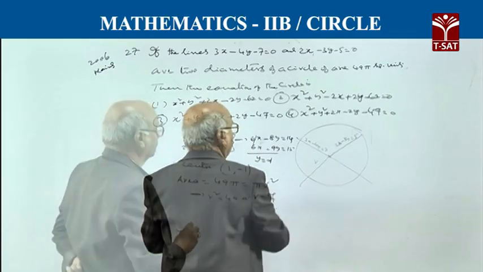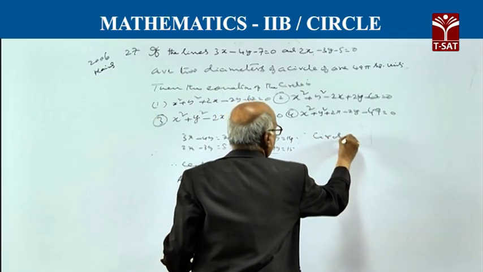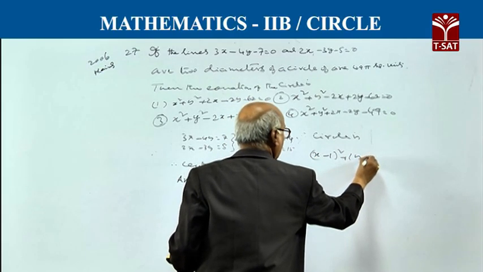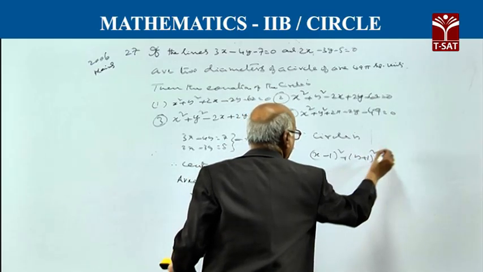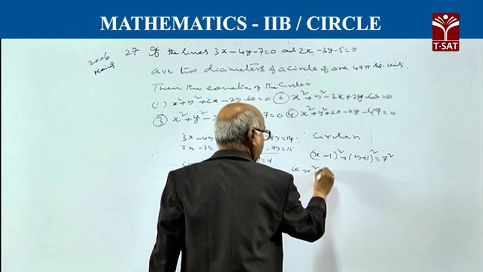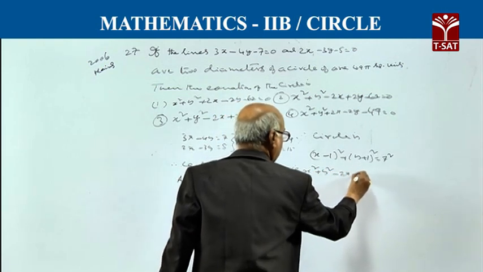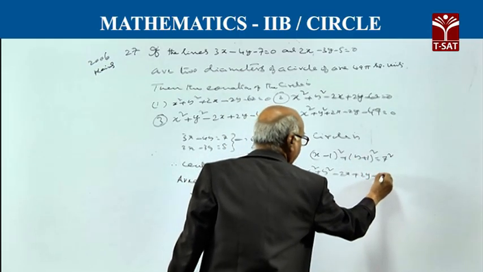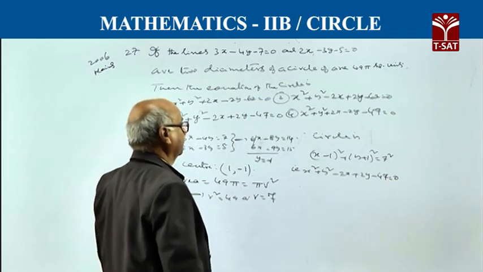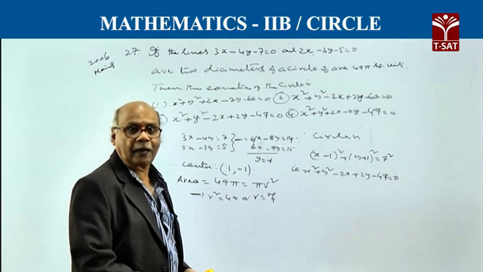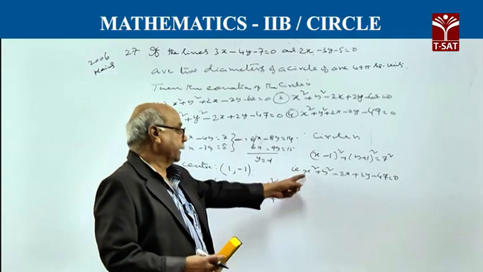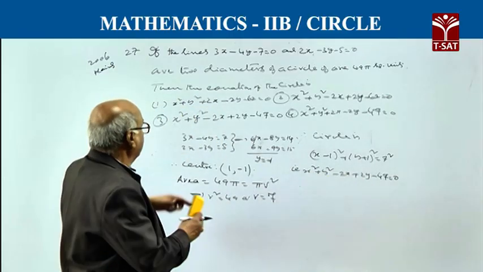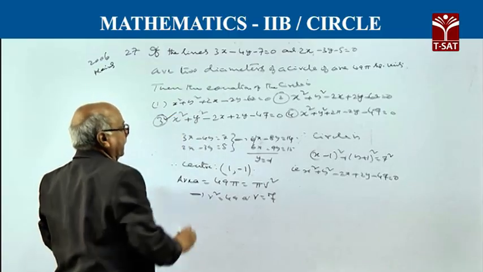Therefore, the circle equation is x minus 1 whole square plus y plus 1 whole square is equal to 7 square, or that is x square plus y square minus 2x plus 2y, 1 plus 1 minus 49 is minus 47, equal to 0. So the correct option is C, the circle equation x square plus y square minus 2x plus 2y minus 47 equal to 0, which is option number 3.